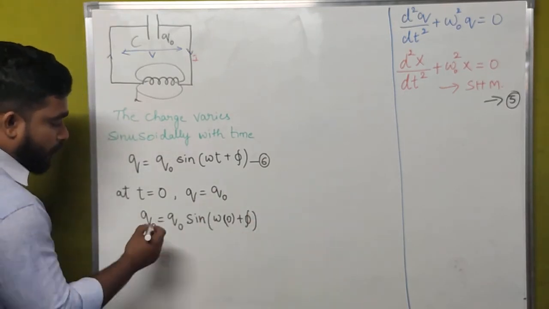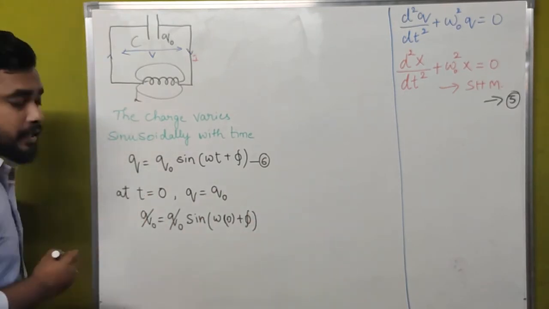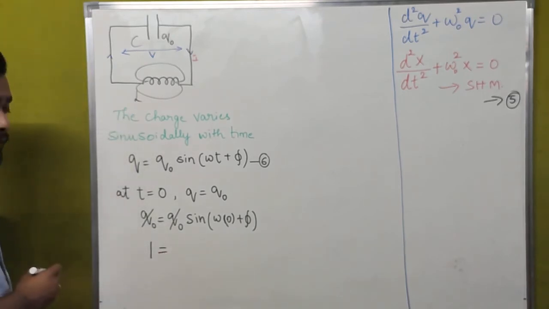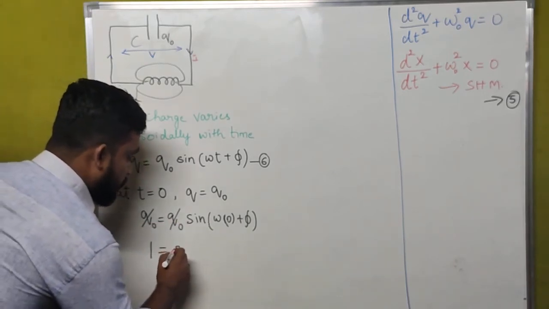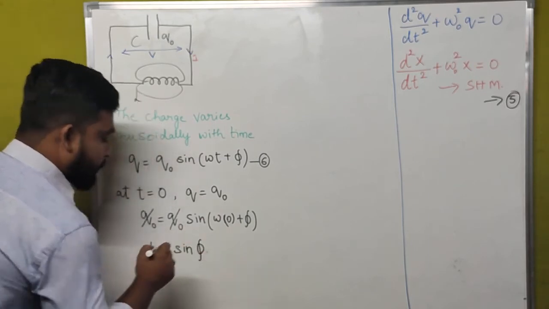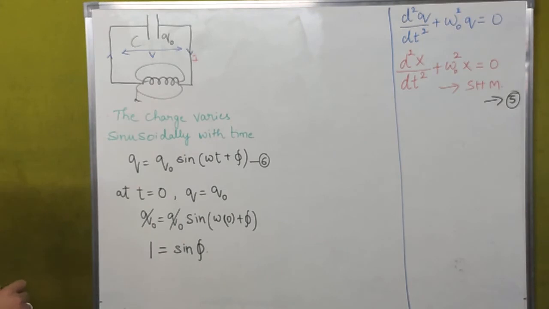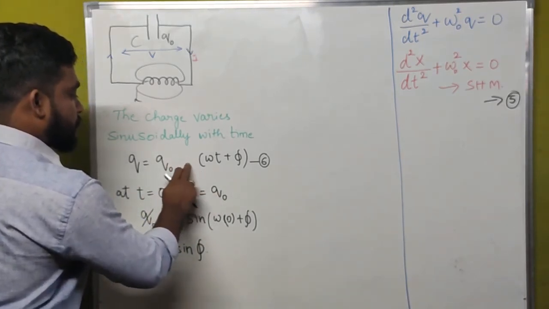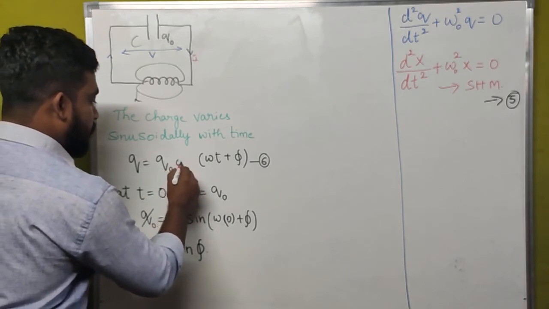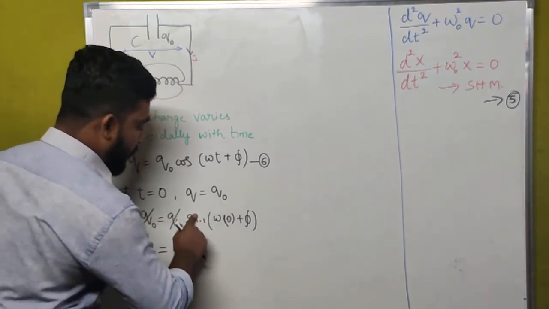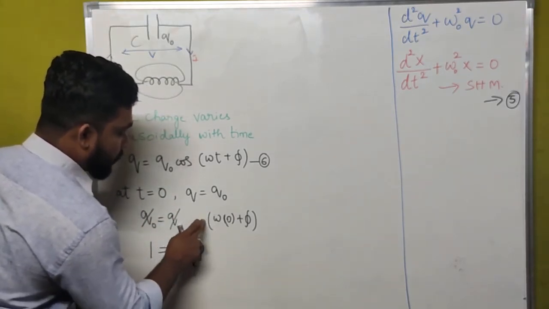Simplifying this equation, what will we get? Q naught gets cancelled, and the only thing left is 1. So 1 is equal to cos phi. Sorry, this expression is not sin, it is actually cos: Q is equal to Q naught cos of omega t plus phi.